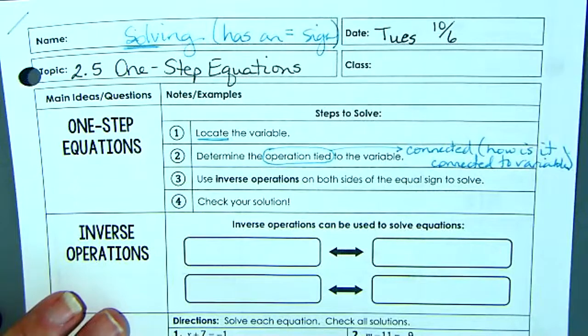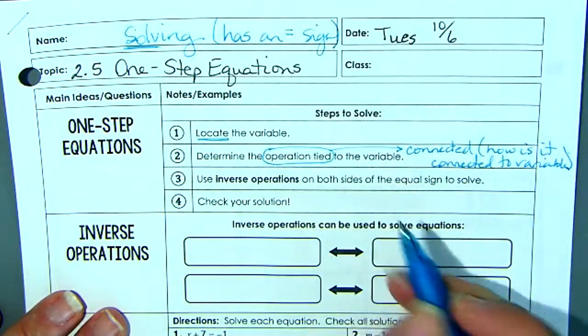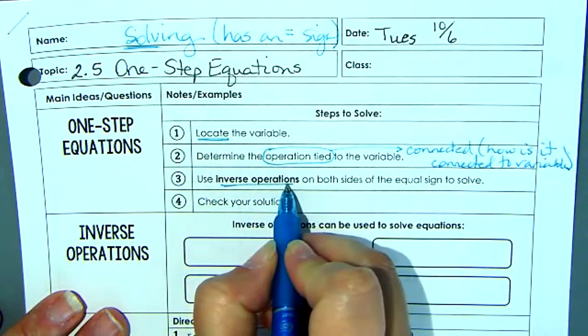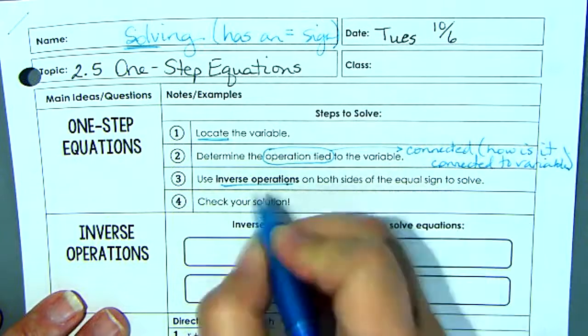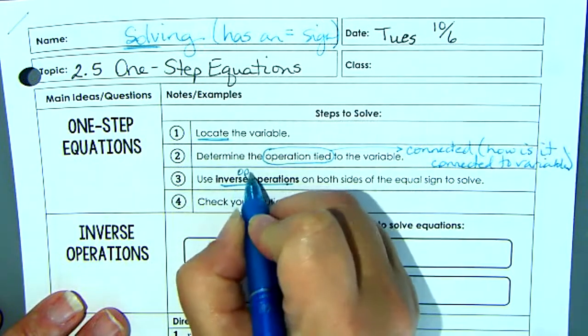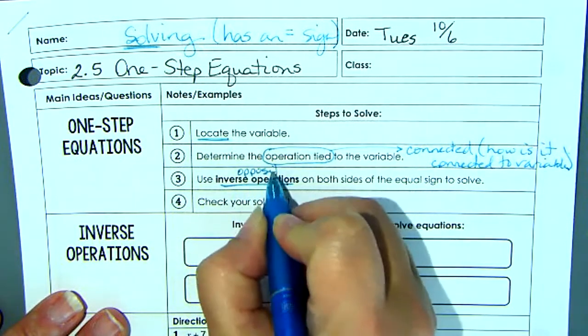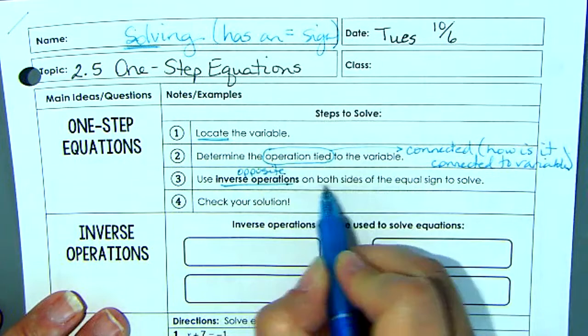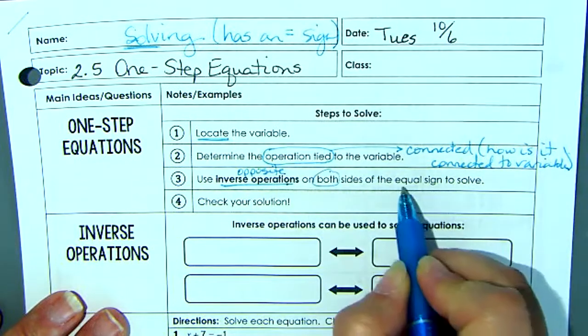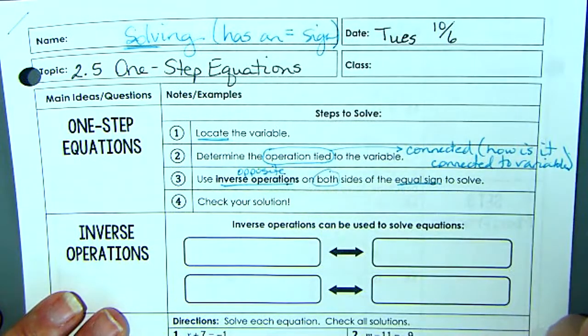You might hear me ask that question. Use the inverse operation, which means the opposite operation, on both sides. Got to be both sides of the equal sign to solve.